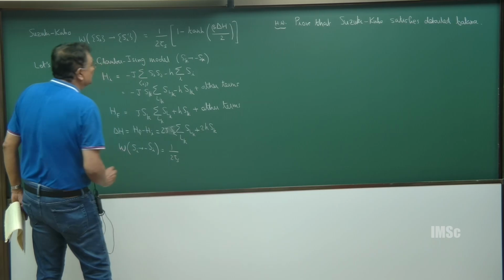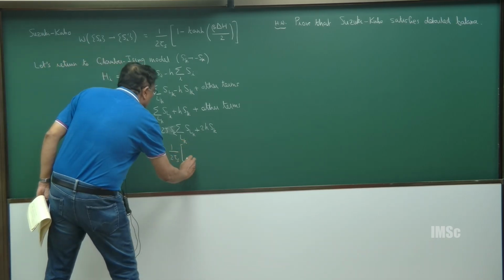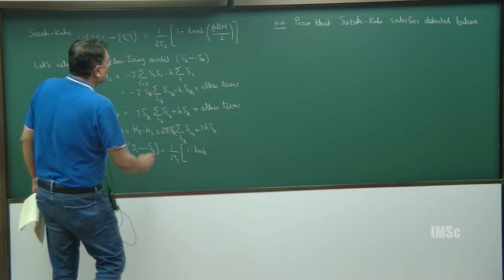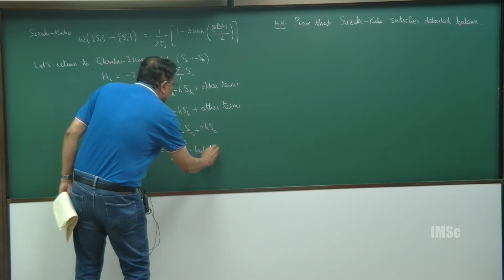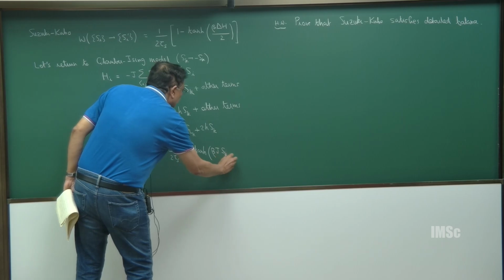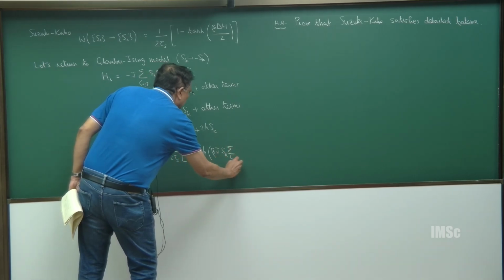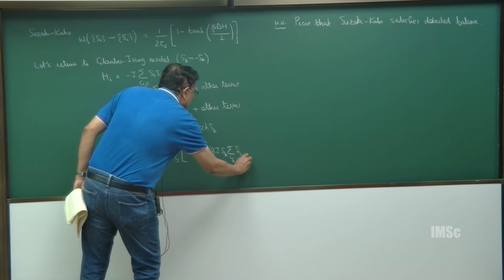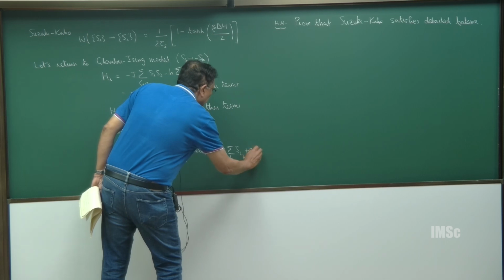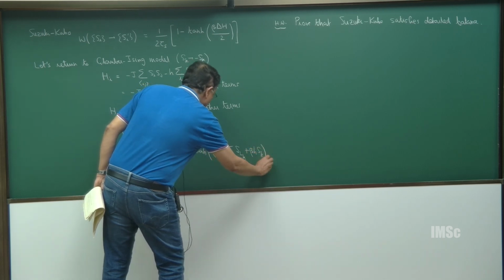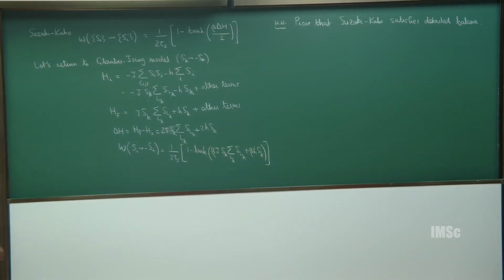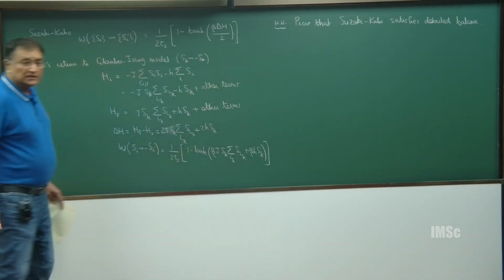Tau s just sets a time scale of some kind for the microscopic process. 1 minus tanh of what? The 2 will be cancelled, so it's tanh of beta J Sk sum over Lk of S_Lk plus beta H Sk. The 2 has just cancelled out with this factor that was there in the Suzuki-Kubo form.